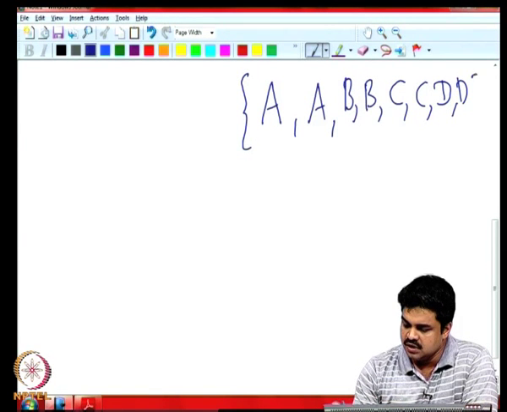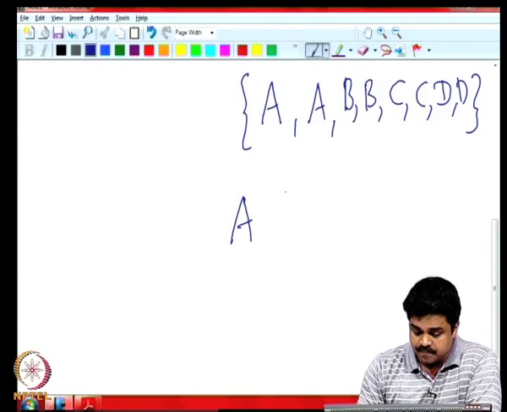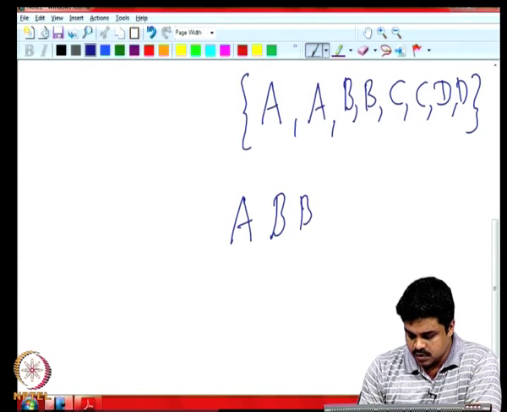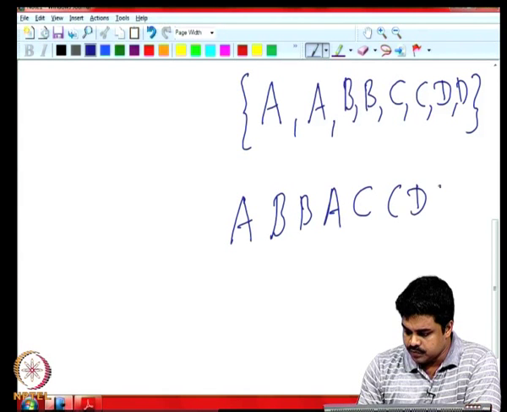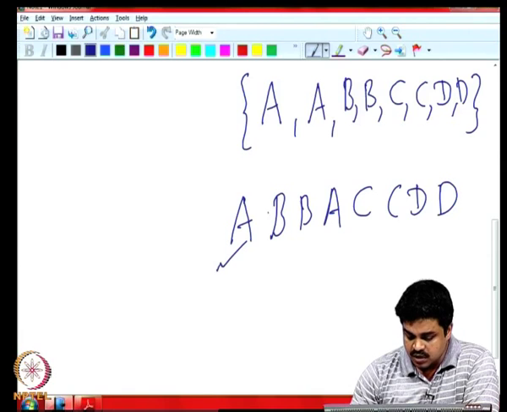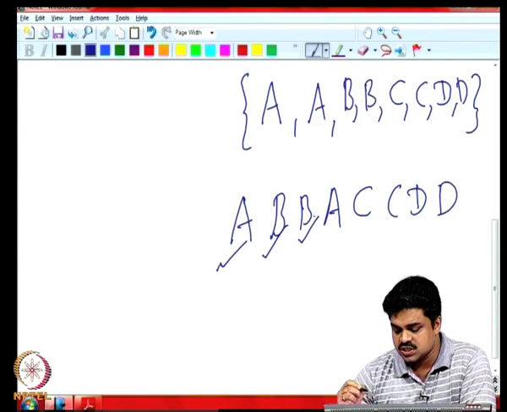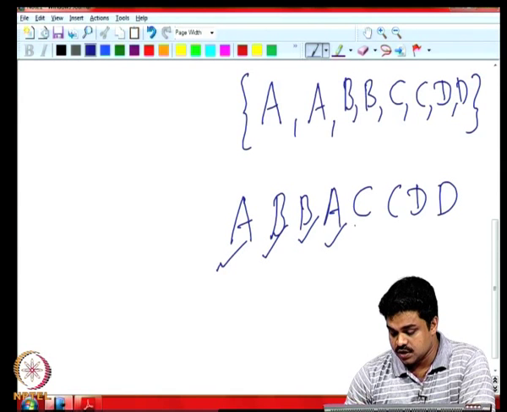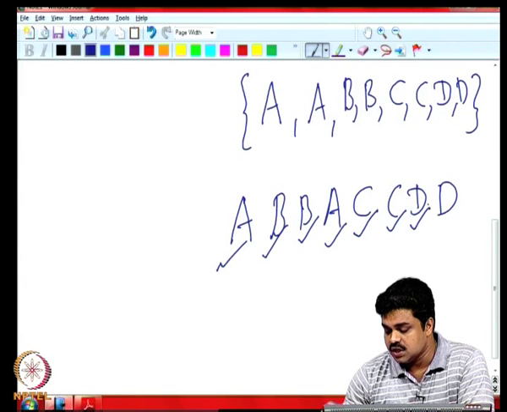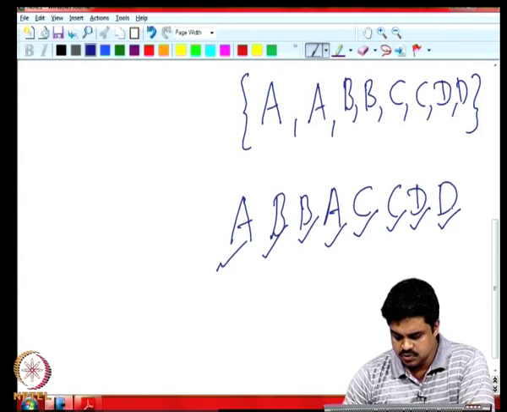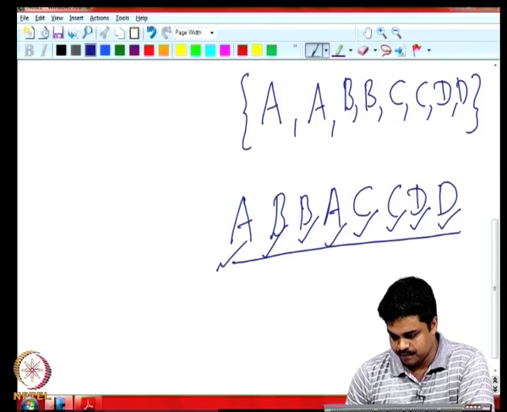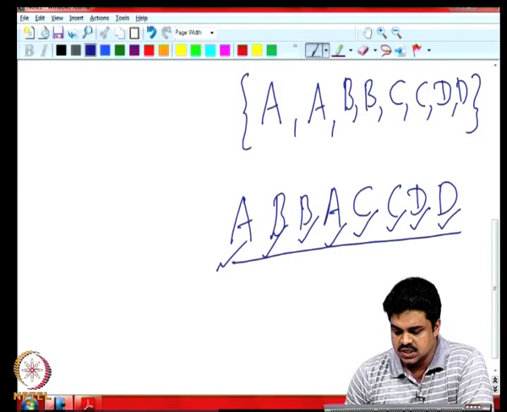This is the multi-set. So, we essentially are interested in some ordering of this sort, A, B, B, A, C, C, D, D, which means the first day she visits factory A, second day she visits factory B, third day factory B, fourth day she again goes to factory A, the fifth day she is in factory C, sixth day factory C, seventh day and eighth day she is in D. This kind of listing is what we are looking for, the order in which she visited the factories, and therefore, this can be modeled as permuting a multi-set.